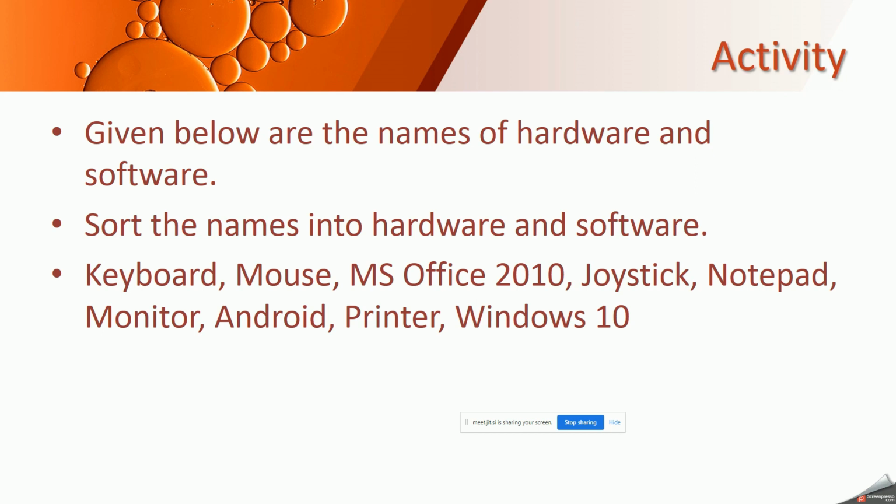So I'll just tell you there are softwares like system softwares. System softwares are softwares which work close to the hardware, like your operating system, Windows, Linux, Unix, Android, iOS. These are what? Operating systems. Without these, your computer will not work.